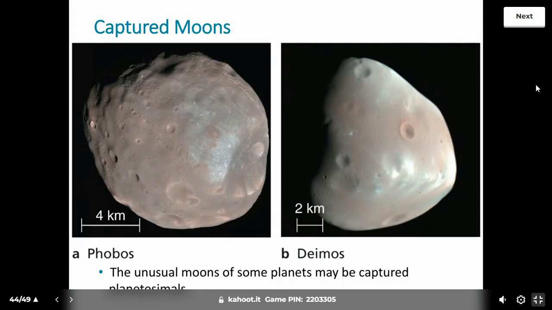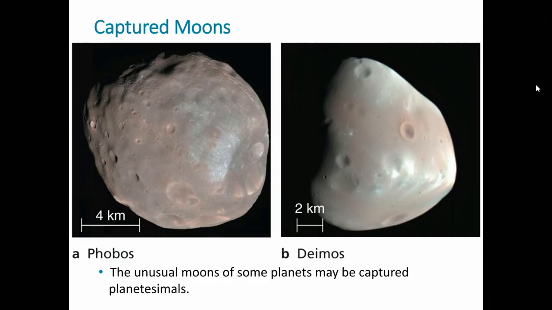There are some odd moons in the solar system. Phobos and Deimos are the moons of Mars, but they're tiny compared to all of the other moons in the solar system. So we think these are just asteroids that were captured by Mars, and so this is more evidence that there are planetesimals in the time frame after the solar system formed.